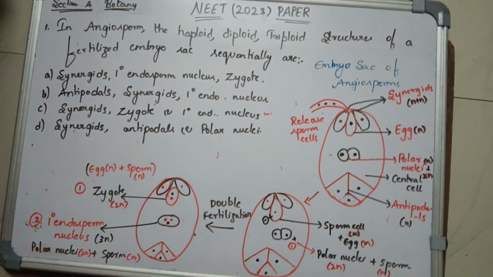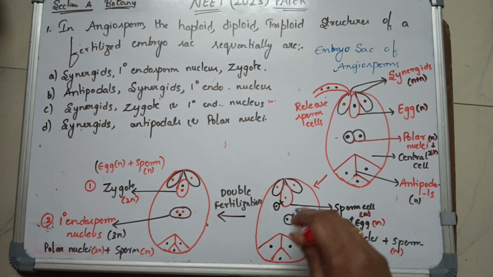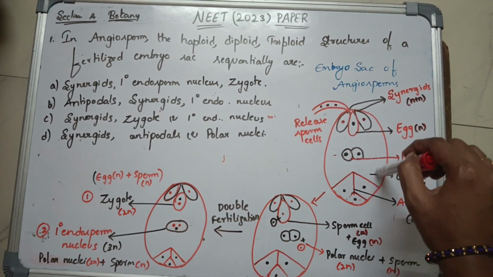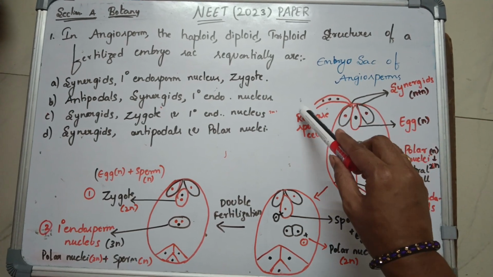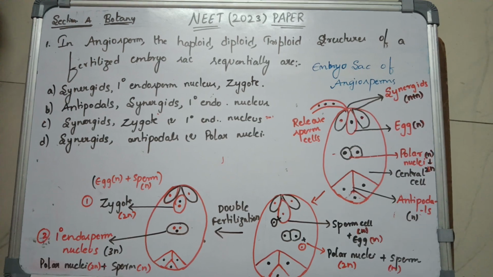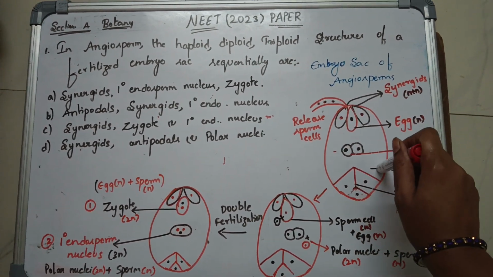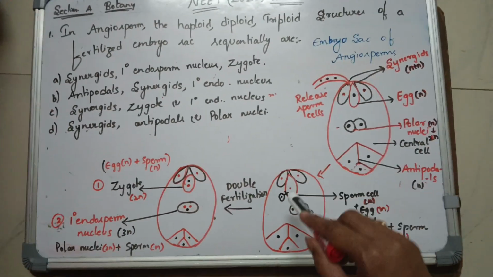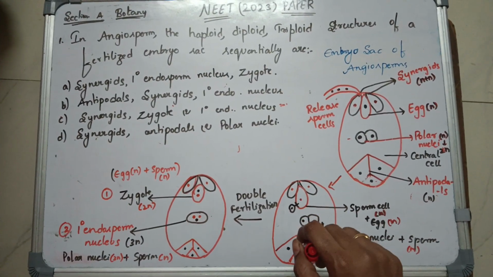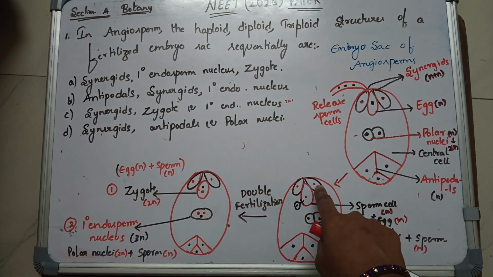First of all, the fertilization will happen in the embryo sac, when the sperm cells enter the embryo sac. Normally double fertilization takes place in the embryo sac of angiosperms. Why is it known as double? Because two fertilizations take place.